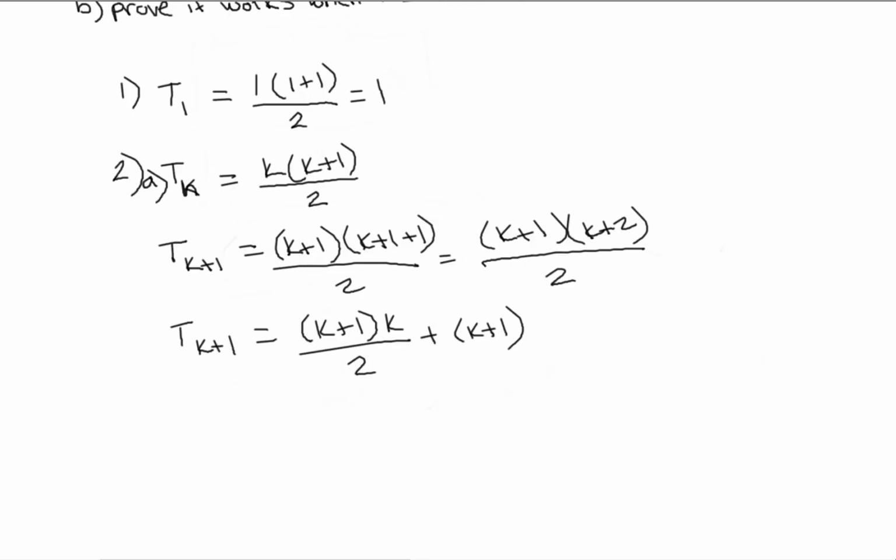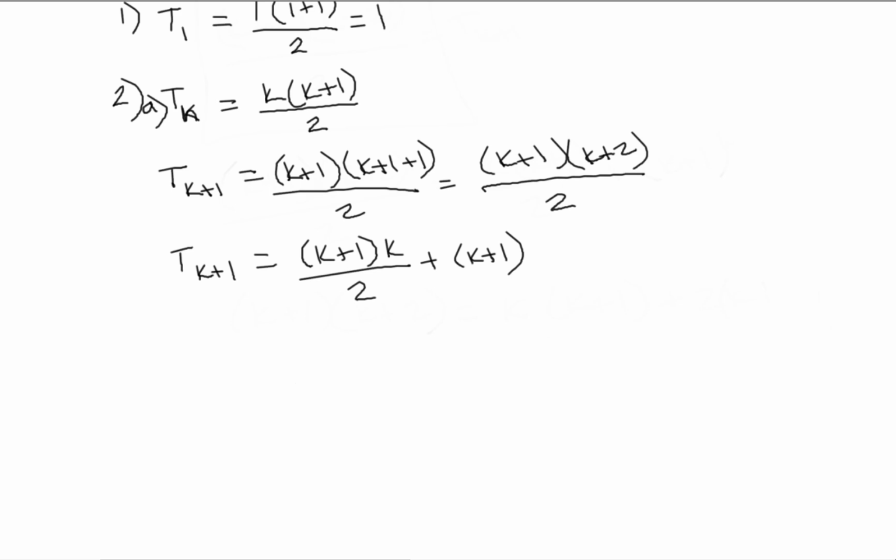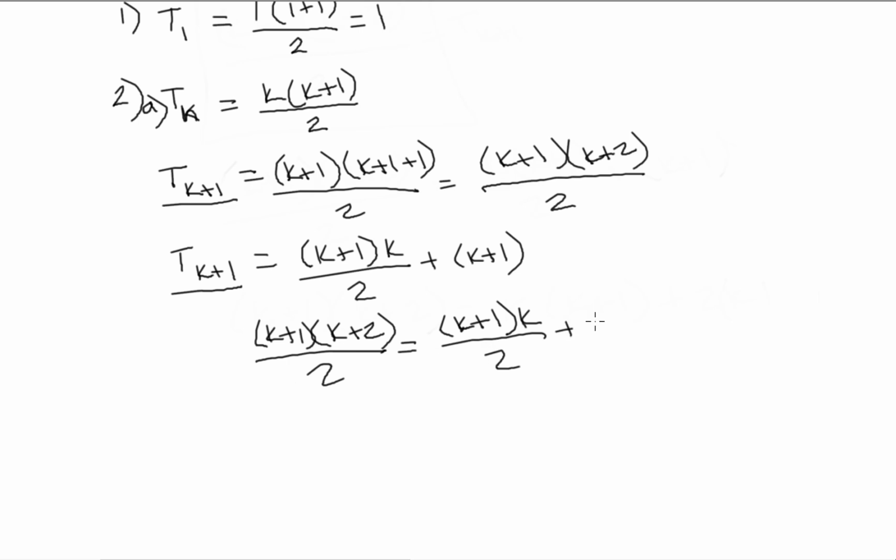So this shows that then we can say that these two equations are equal. So we can get that because tk plus 1 is equal to tk plus 1 using reflection, we can say that k plus 1 into k plus 2 divided by 2 is equal to k into k plus 1 divided by 2 plus k plus 1.